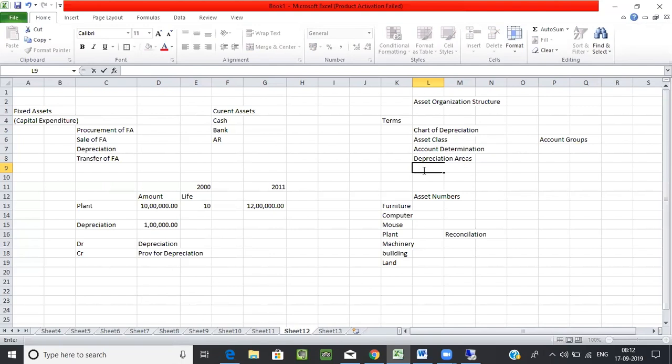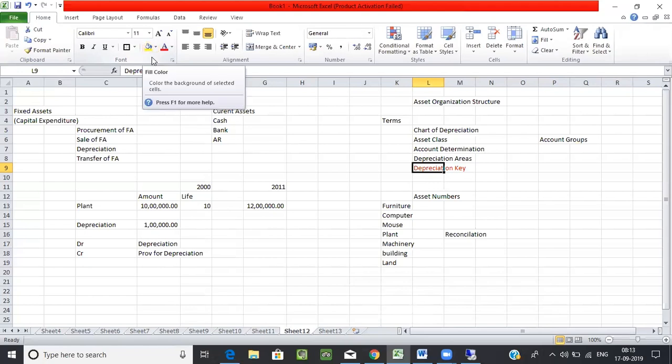Okay. The next term we have is depreciation key. This is the most important configuration in the entire fixed asset.